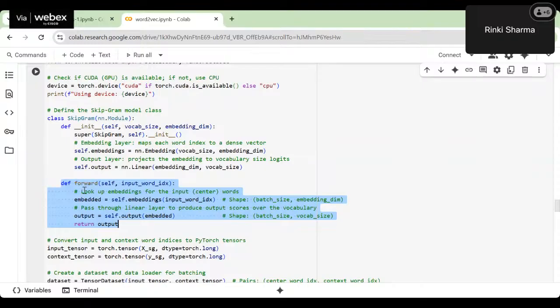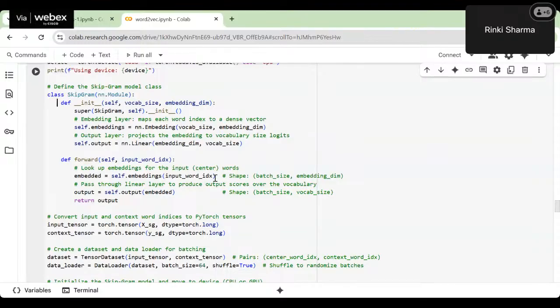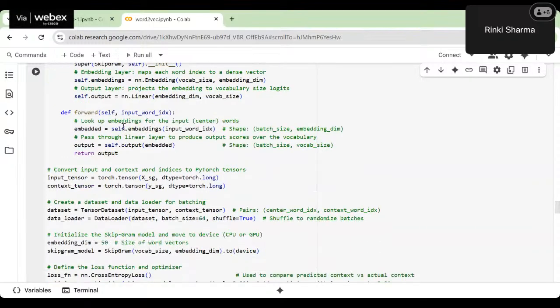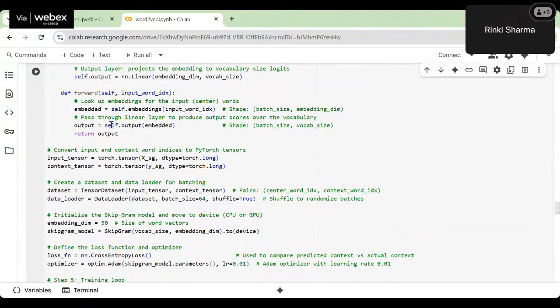So this forward function passes the embedding of the input word to the embedding layer of the skipgram model, and the output of this embedding layer will pass to the output layer of the skipgram model, which will project the input onto a vector of vocabulary size, to find out which words are the context words for the given word. So this is how the skipgram model is defined.